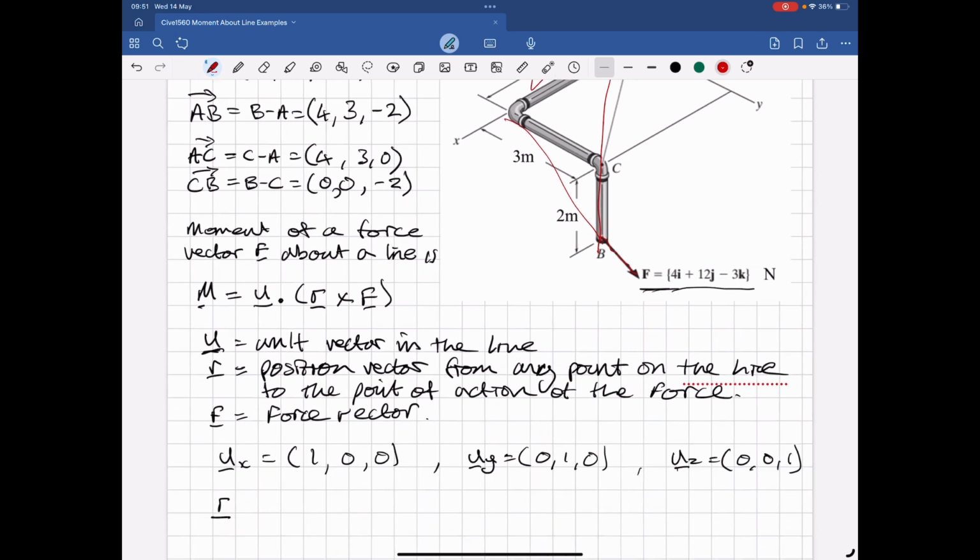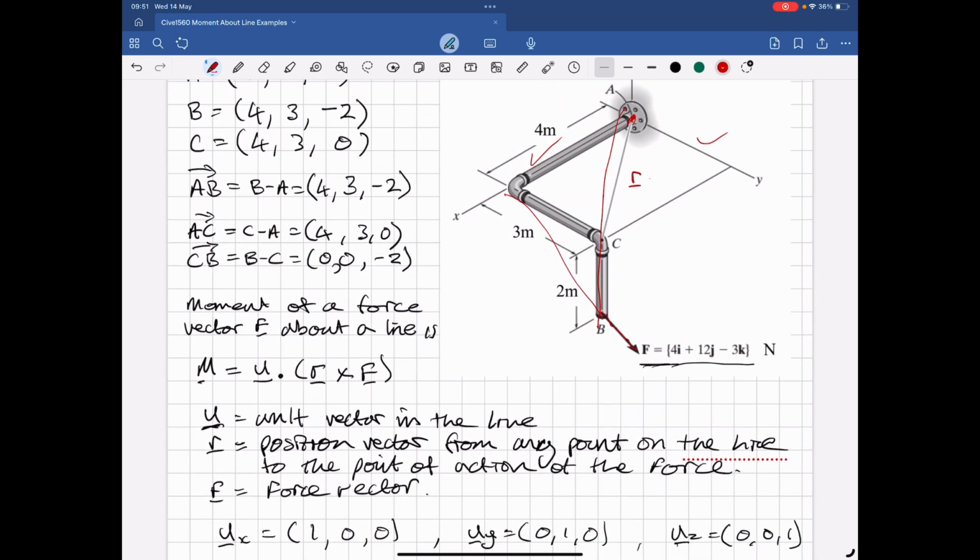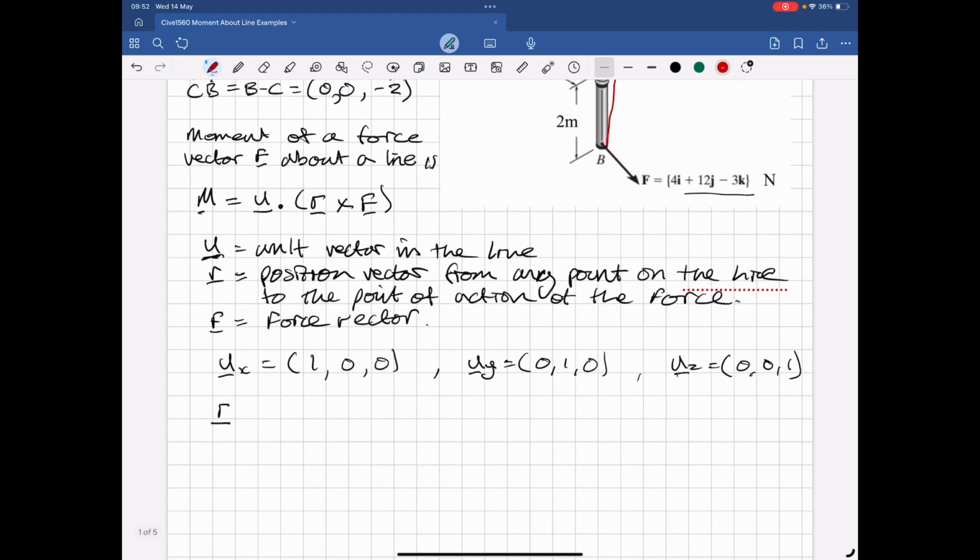So this R vector, R is equal to the AB vector. Let me draw that slightly better. It's this AB vector. So R is equal to AB, because it could be many other vectors, but AB is the most convenient.